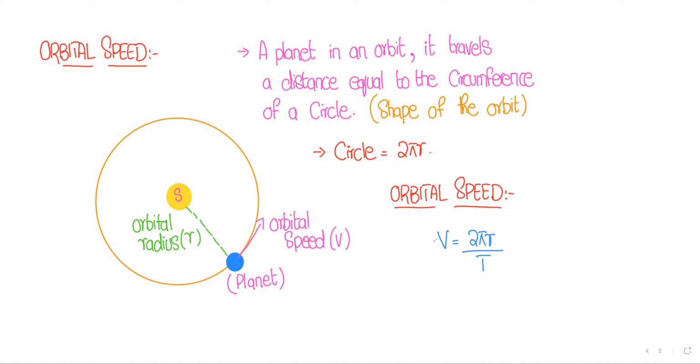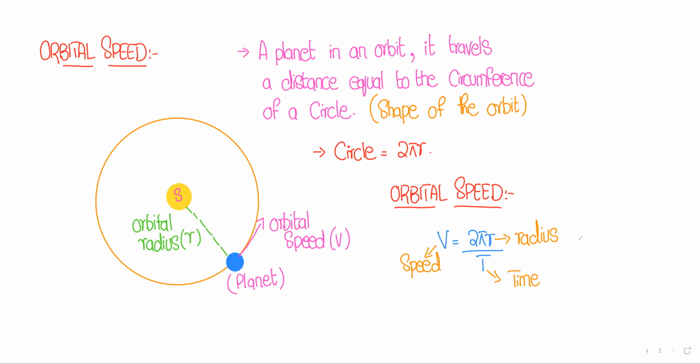So we have quantities: v represents the orbital speed. This r represents the distance, which is equal to the circumference, or the orbital radius. This is small r or capital R, that represents the radius. And 2 pi is a constant value. And t is the time taken by the planet to move around the Sun, or to complete the distance in an orbit, right?